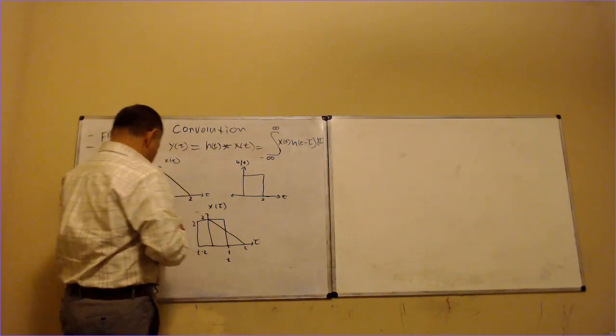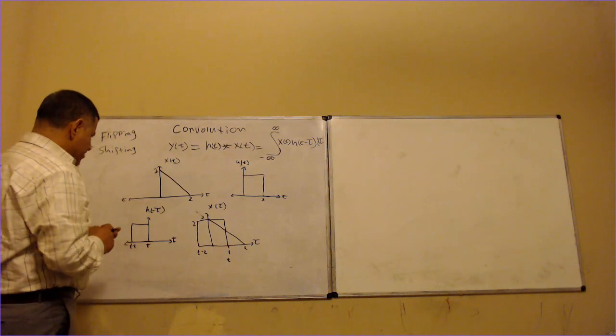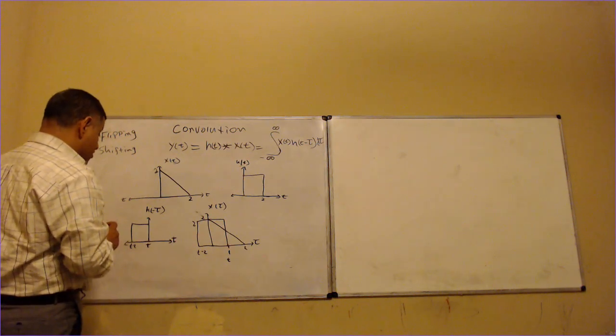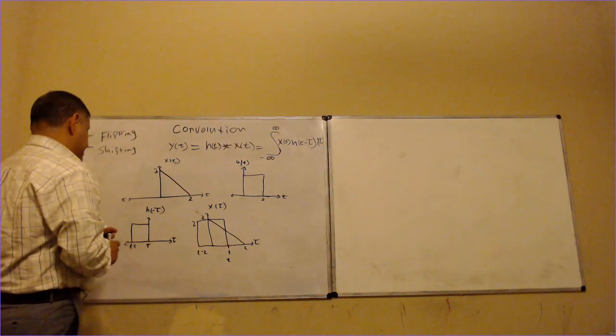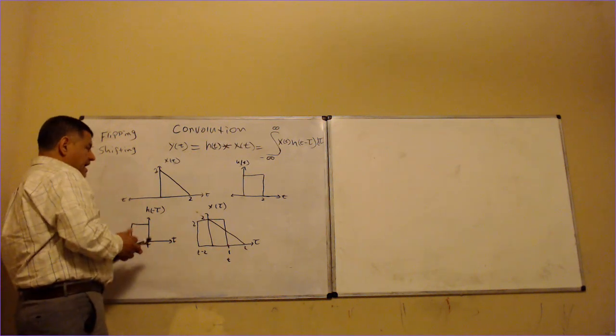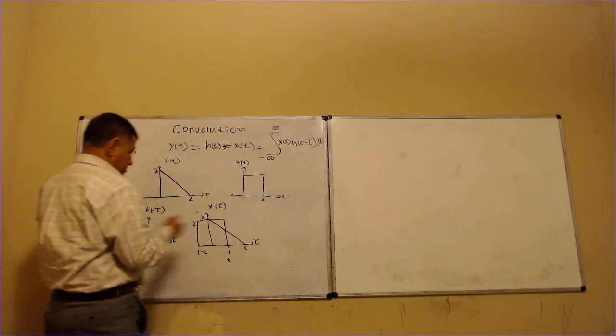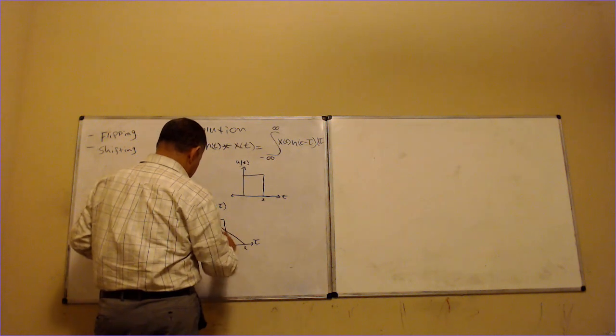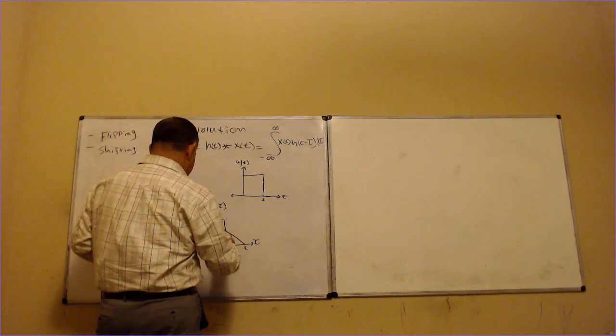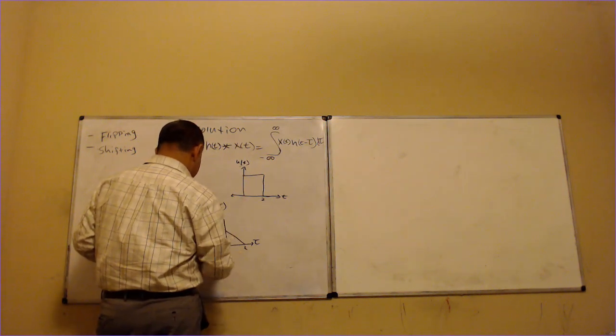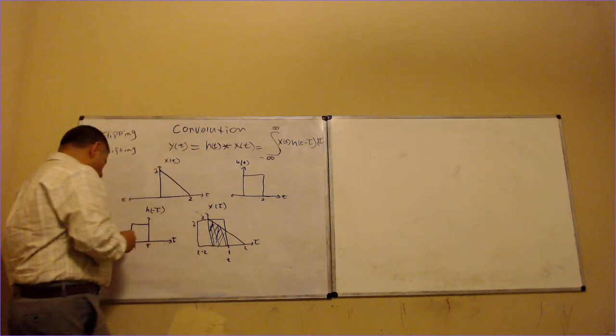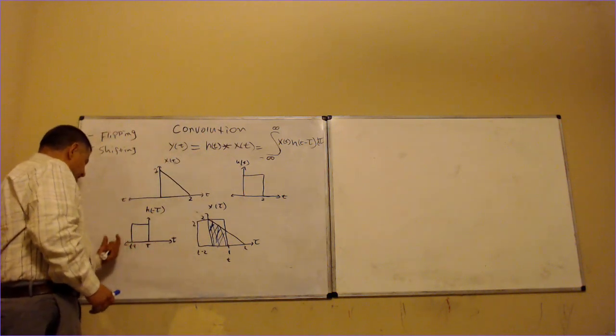Now, as you can see, right now I already have an overlap, right? So the overlap is sitting right here. All right, that's the overlap. What if I shift it back here and start sliding?